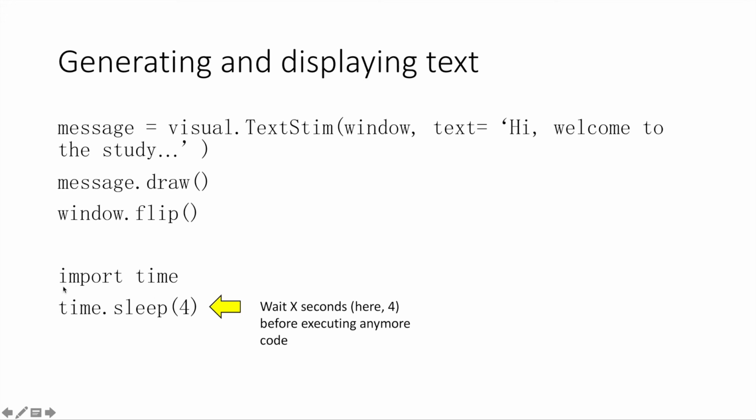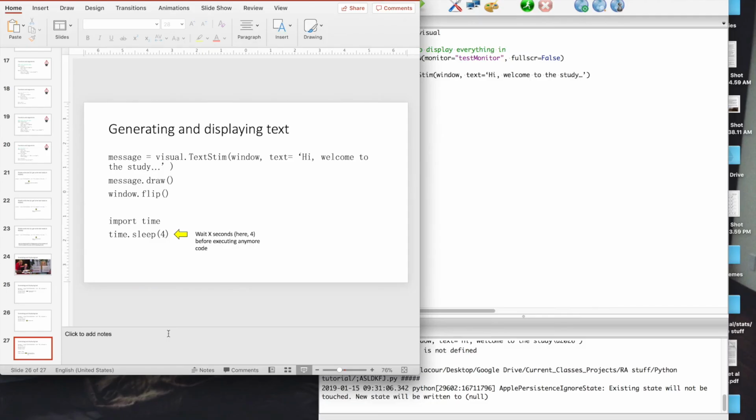But to do that, you need access to a library called time, so I have import time right here. And then a very basic function in there is sleep. You have to specify that it's from time though, so time.sleep. And then in parentheses, it has to take an argument. You can't leave this blank. You have to say how much time, in seconds, you want it to sleep. So I'm going to put that in there.